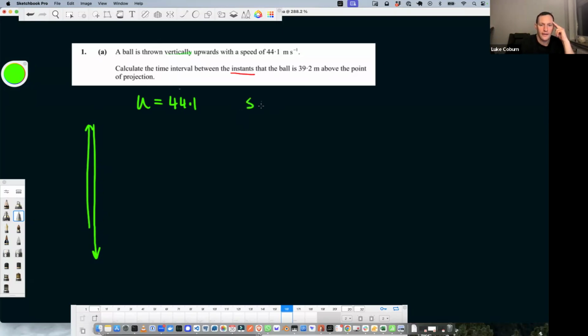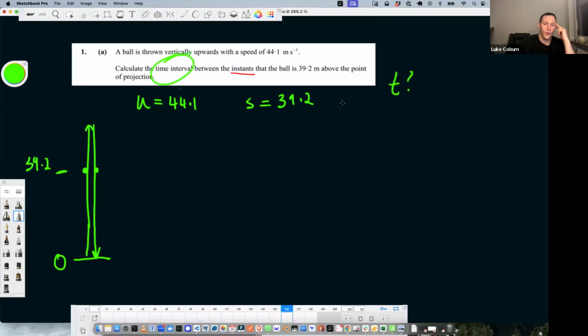So we want to find when S is equal to 39.2. The ball is thrown up from this point on the ground, which we'll call 0, and it passes by a point S, which is 39.2. It can pass that point on the way up, and it can pass that point on the way down. And we want to find the time. The question is about time.